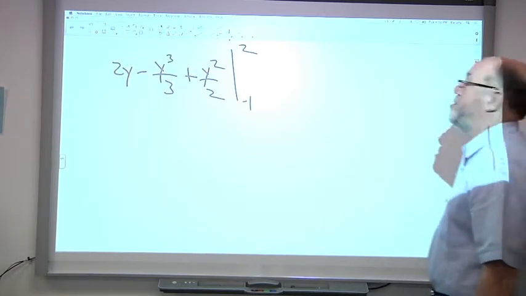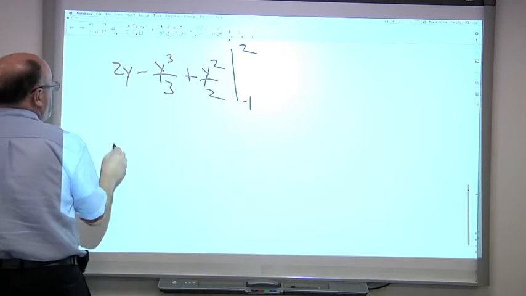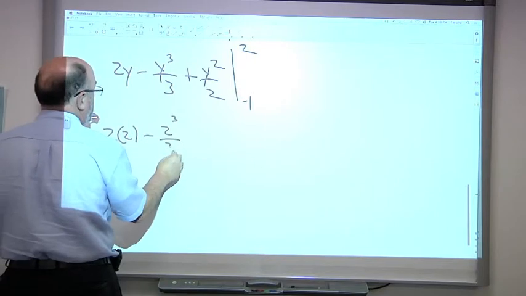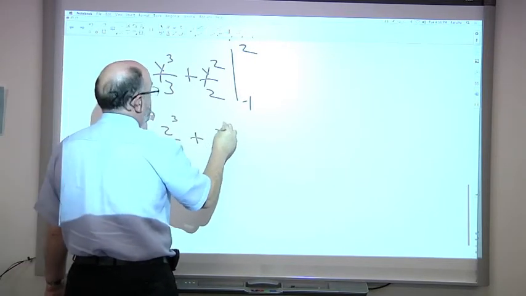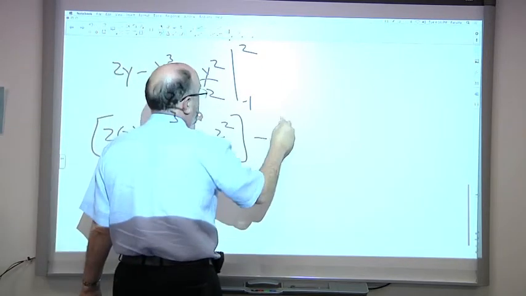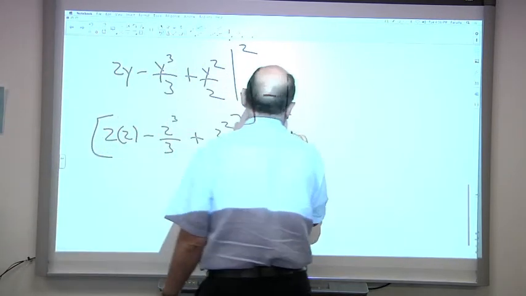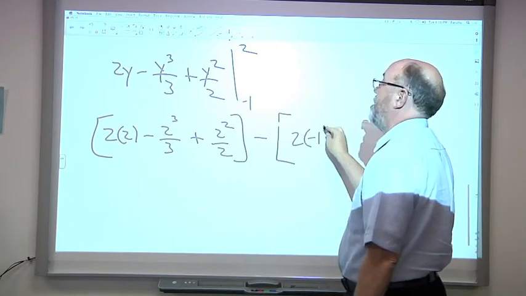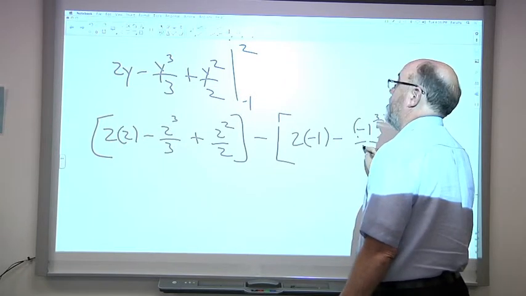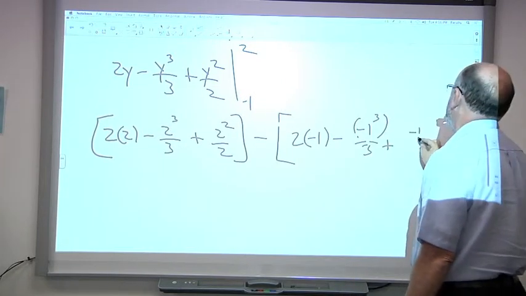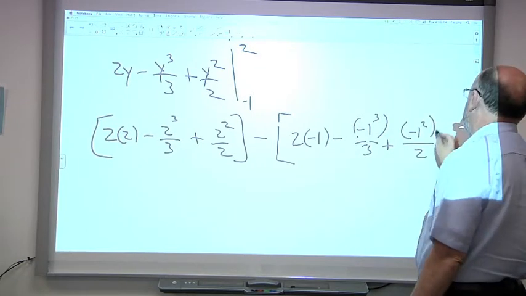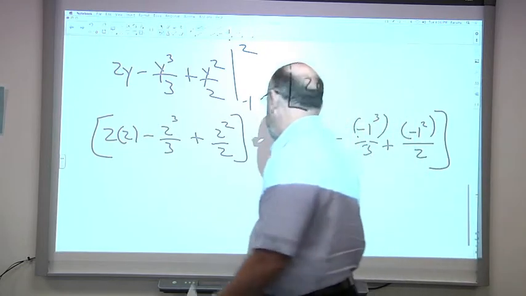So we're going to plug in our numbers. So this is going to be 2 times 2 minus 2 cubed over 3 plus 2 squared over 2, minus 2 times minus 1 minus minus 1 cubed over 3 plus minus 1 squared over 2.